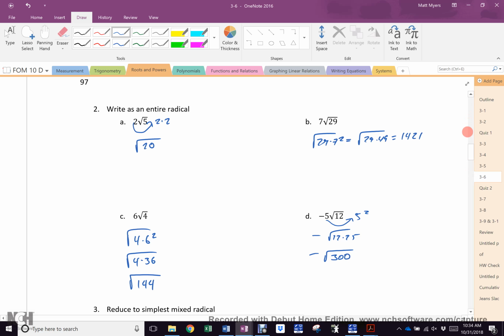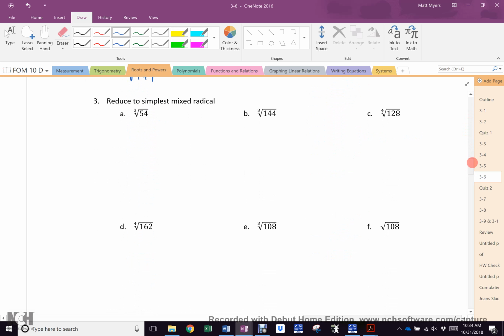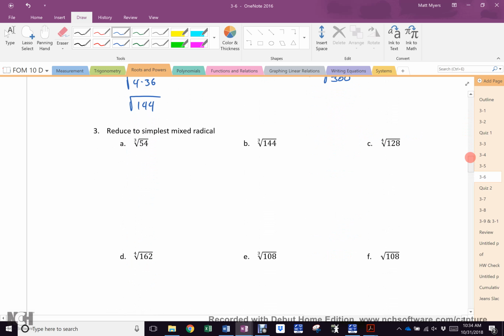Okay. Here are some harder ones. What's different about 3a? What looks different? It's a 3, so I'm looking for how many factors? 3 factors. So does it help me to find perfect squares anymore? What should I be looking for if I was going to do the expert way?